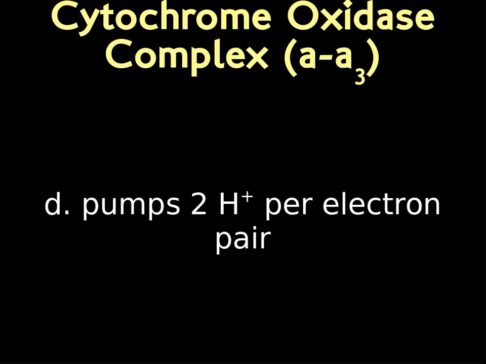And therefore, if all of its electron acceptor sites are used, that's going to be 4 protons. That's just 1 proton per electron. It's 4 protons per the 4 electrons. There's 2 protons per pair, so it's 2 to 2.